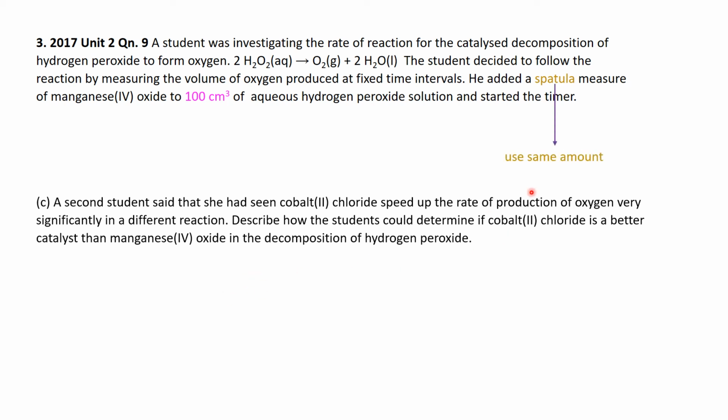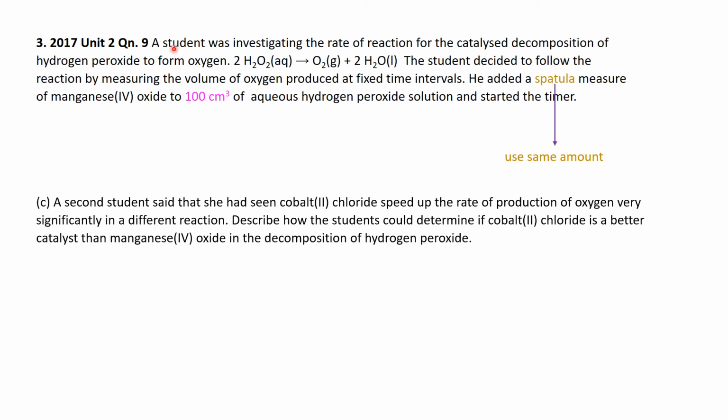So we're going to use a spatula measure. Now, by the way, a spatula measure, if you're doing a comparative amount, is actually terrible, because you're not being precise enough. The spatula measure might be different weights depending upon different densities, all kinds of things. So you should actually get a little bit better than that.